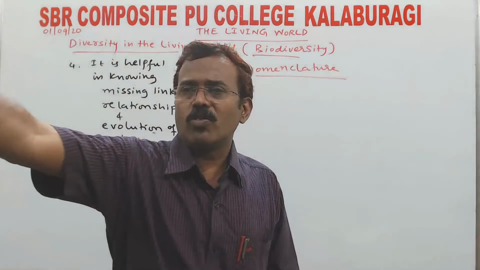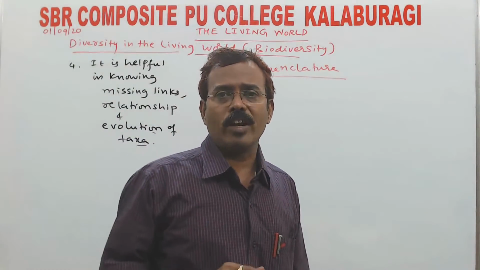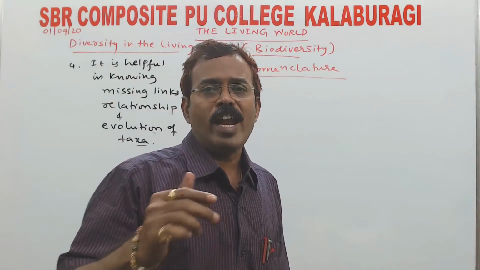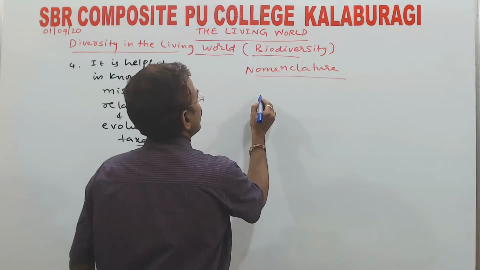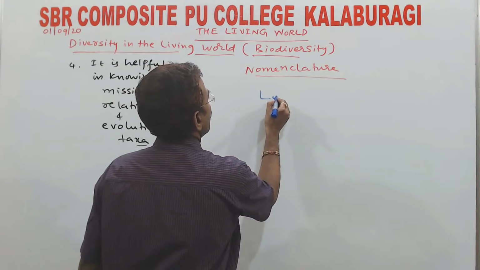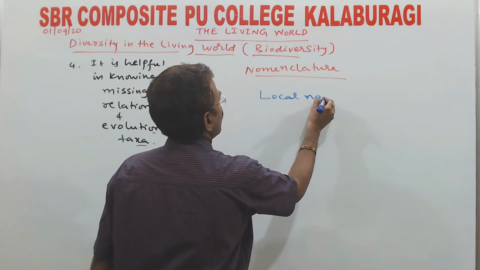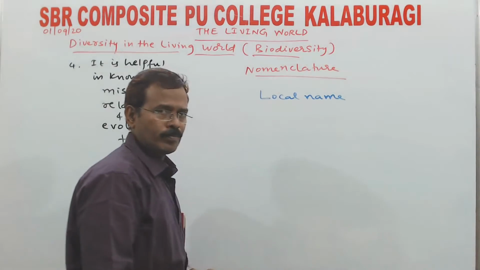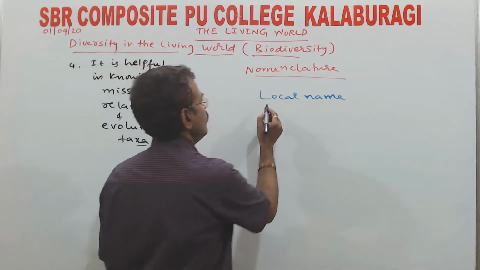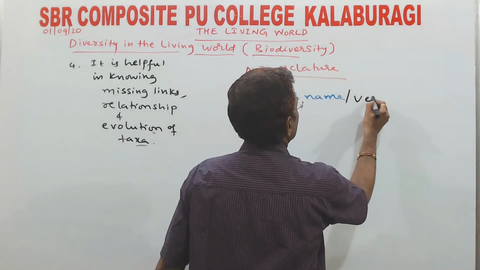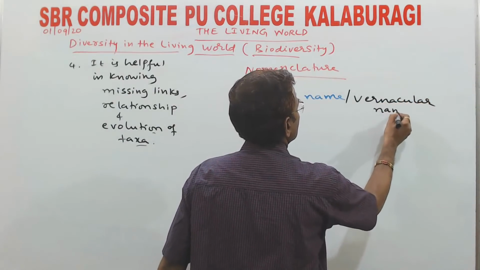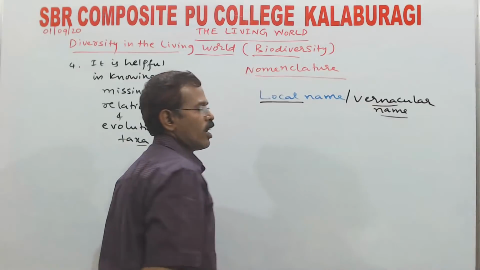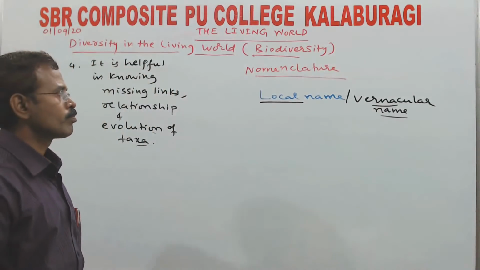The organisms which we find in our surroundings, we have given a name. That name is called the local name or vernacular name.